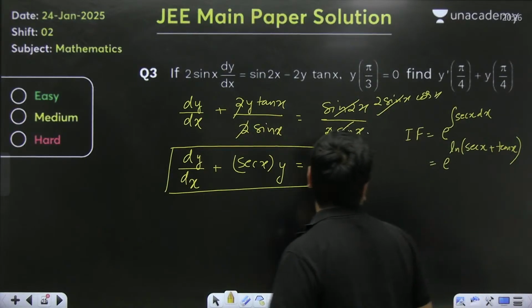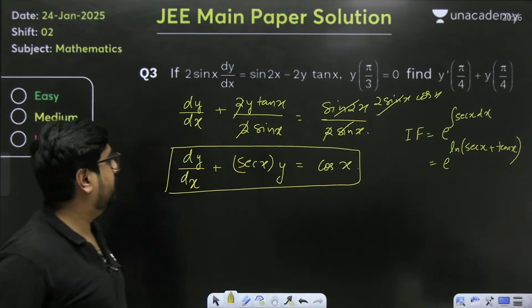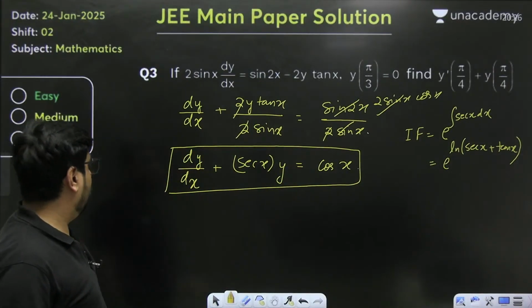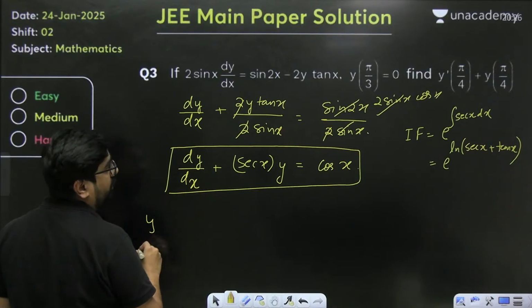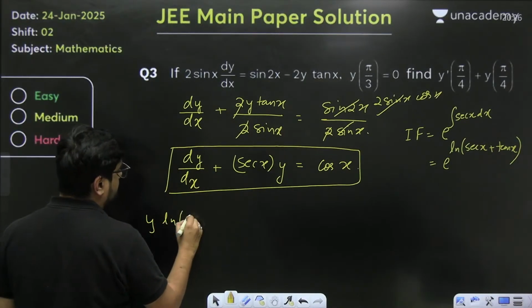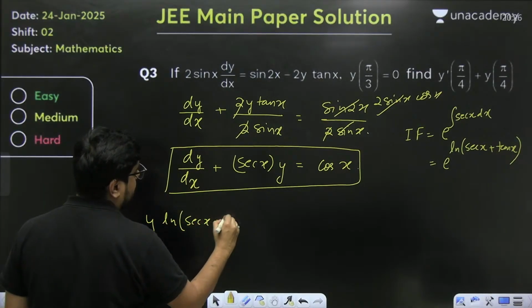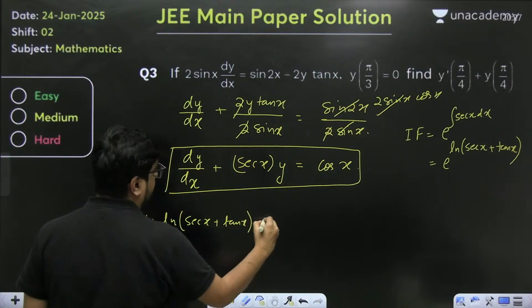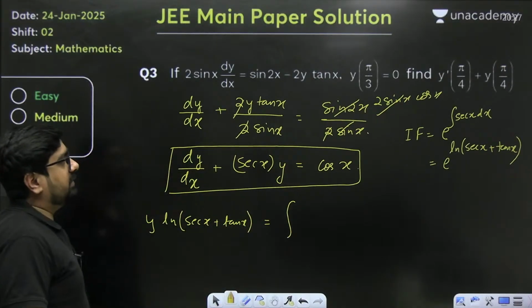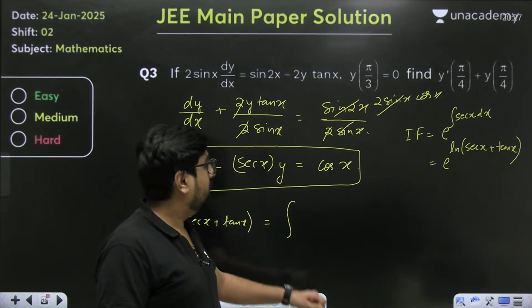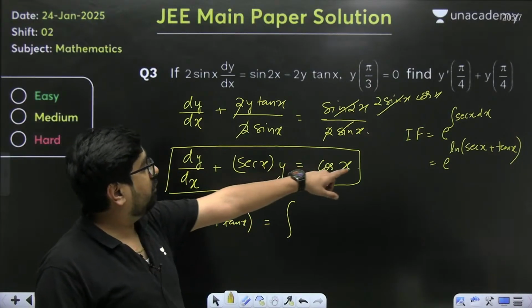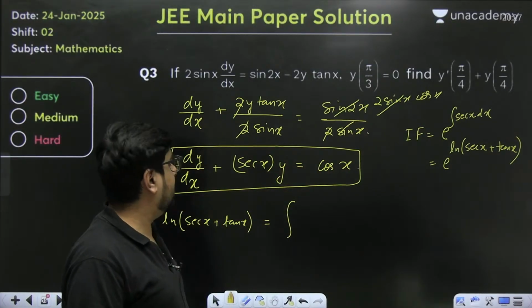This will become your integrating factor. So for the solution, you'll write y into integrating factor into integration of e to the power ln of sec x plus tan x.